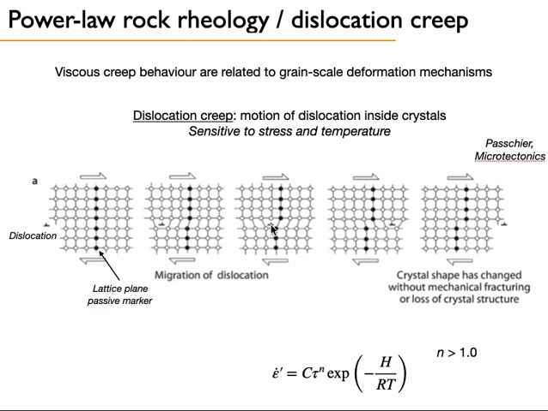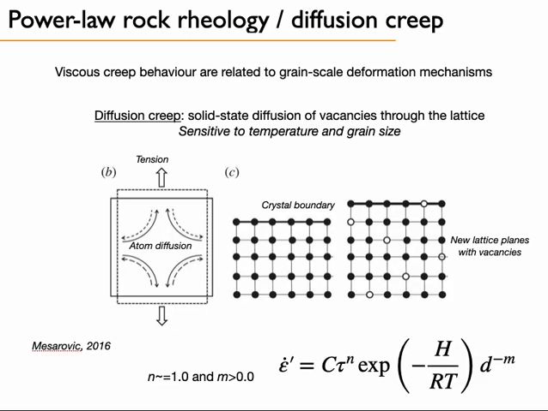As the dislocation migrates, it will go through the passive marker and offset the passive marker line. So as the crystal is being sheared, the motion of the dislocation causes the offset of lattice planes. So that's typically the cause of, or linked to, a power law exponent larger than 1.